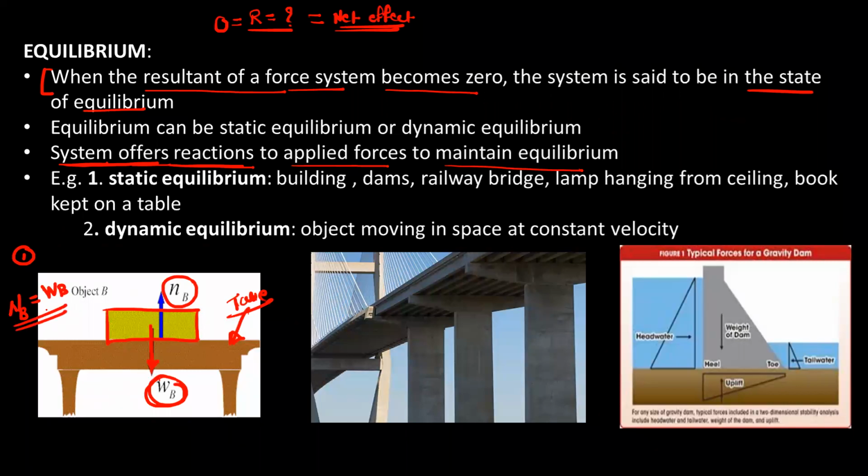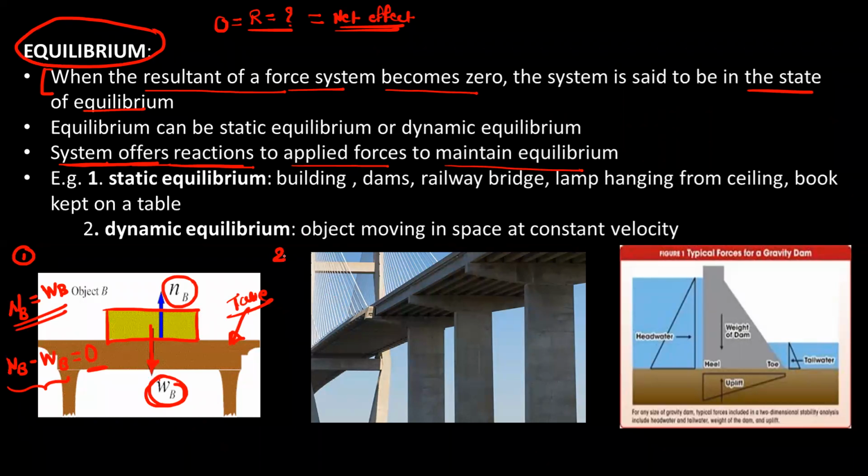In this condition, if you add these two forces, NB is in the positive direction and this will be minus WB. So this addition will be zero. So what is the meaning? The net force on the system is 0. So this condition is called the resultant is 0. And if the resultant or net force is 0, that means the system is in the state of equilibrium.